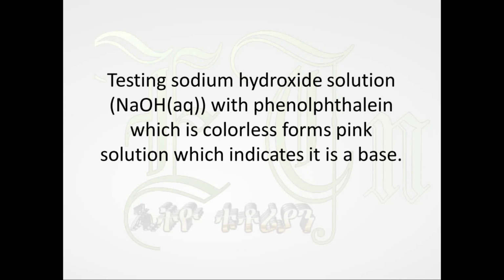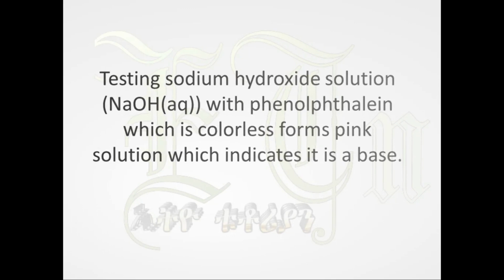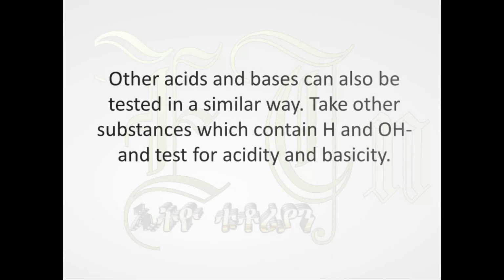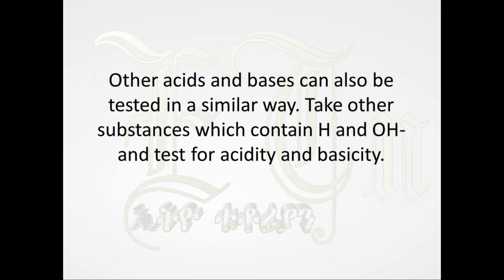Testing sodium hydroxide solution, NaOH, with phenolphthalein, which is colorless, forms pink solution, which indicates it is a base. Other acids and bases can also be tested in a similar way. Take other substances which contain H and O and test for acidity and basicity.